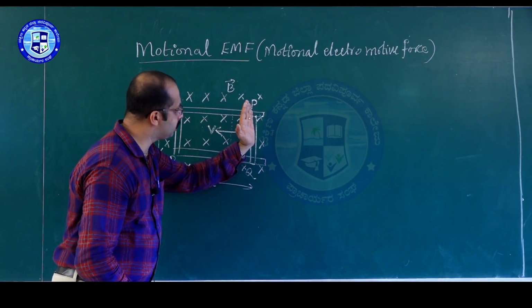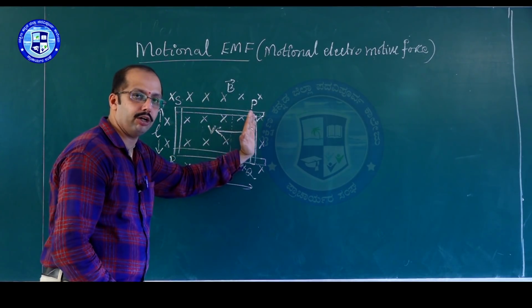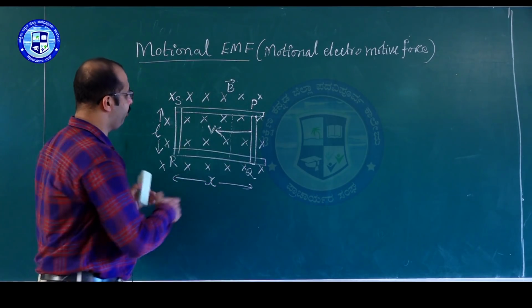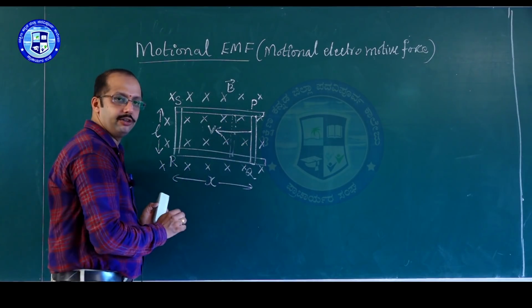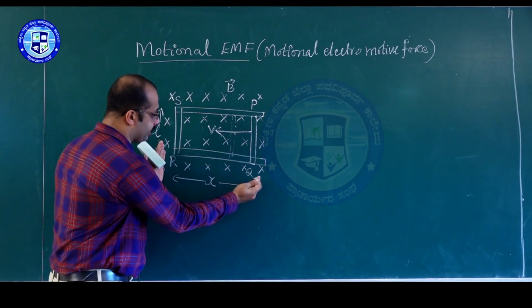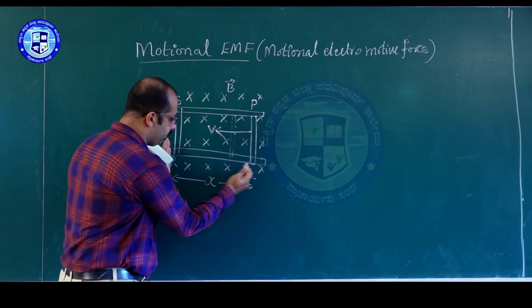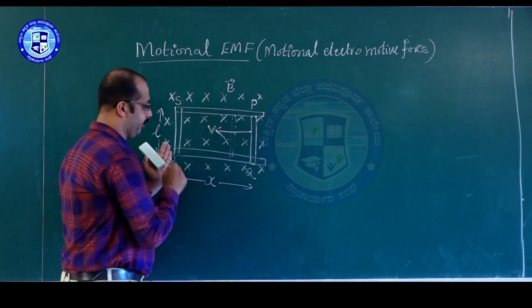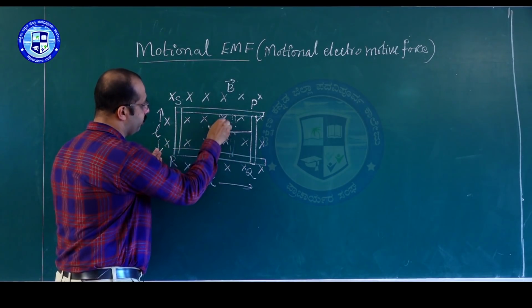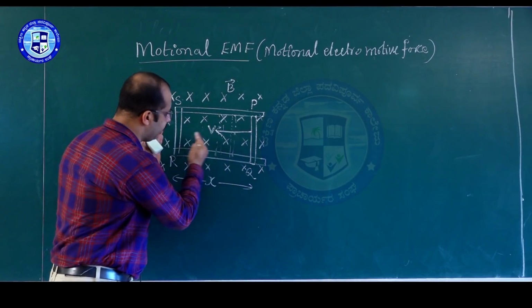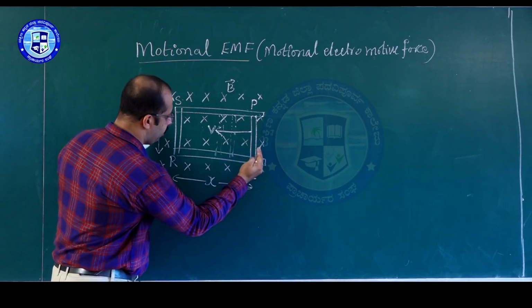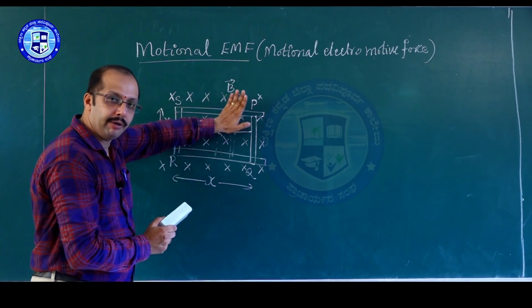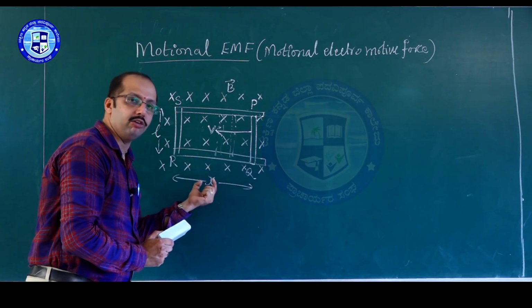The product of RQ and SR gives the area. So, when you move this PQ rod or part of rectangle PQRS towards the left, the position changes and the area will change. X changes by a small difference. Once again, if PQ moves to this position, the area changes again. So, as the PQ part moves left in a uniform magnetic field, the area changes.